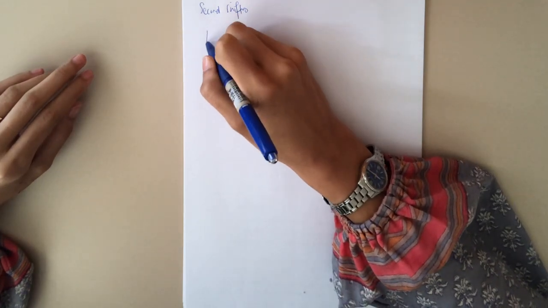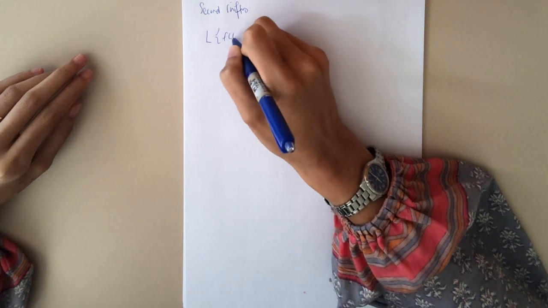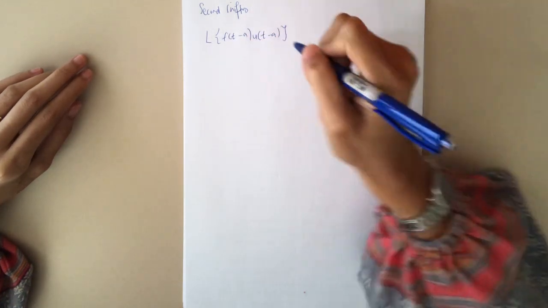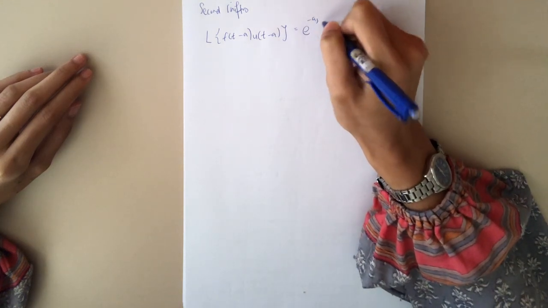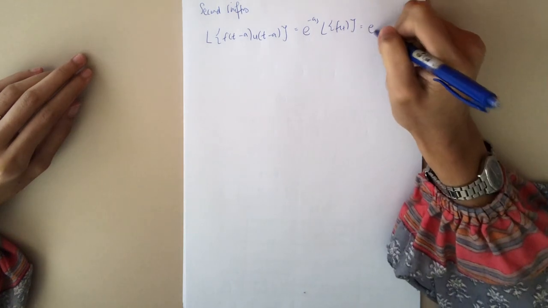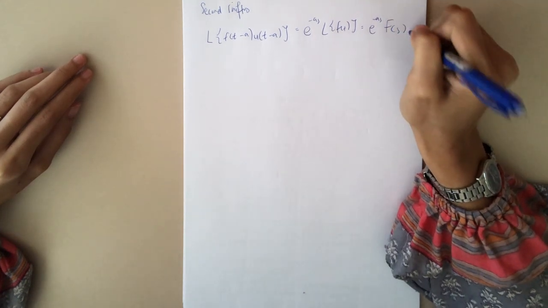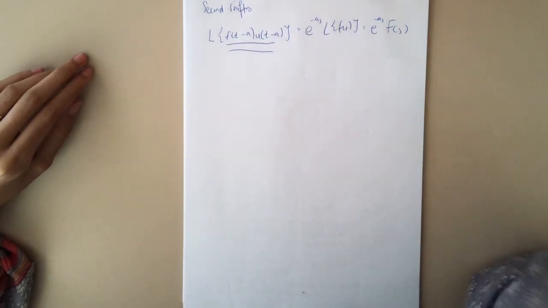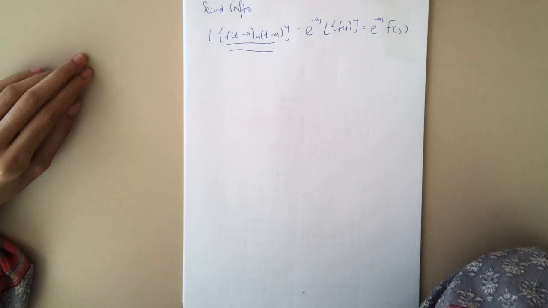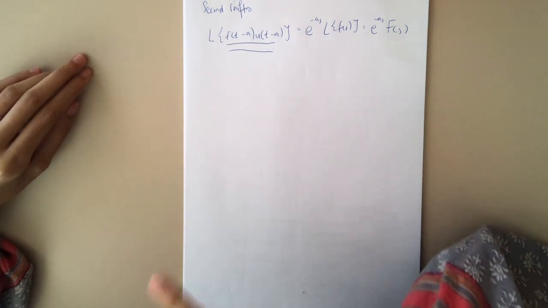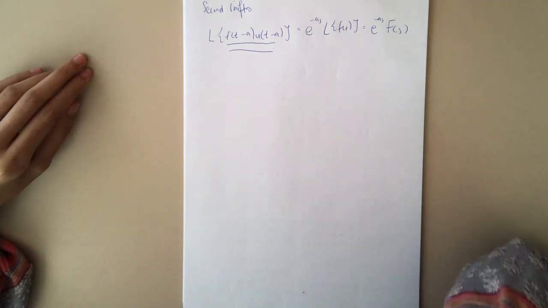I will just write it down first. This is what we see for second shifting. For example, for first shifting, we know we apply it when we have a multiplication of an exponential.